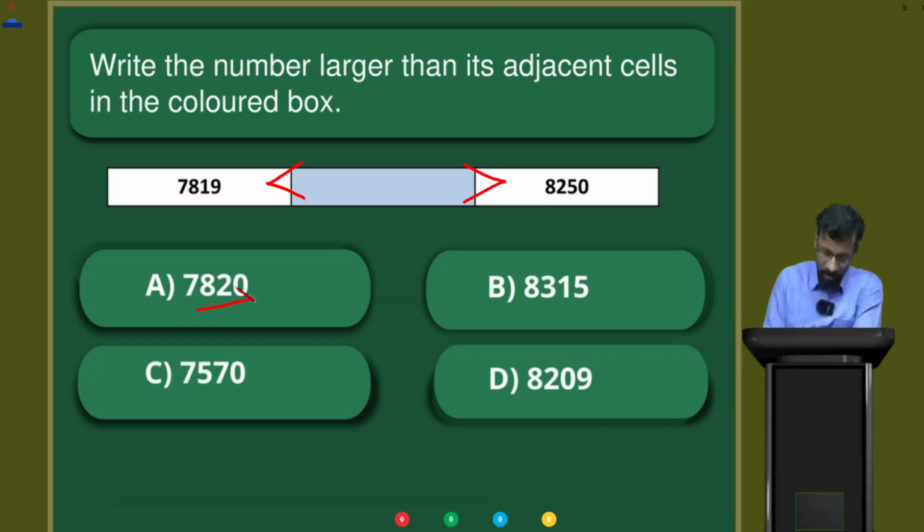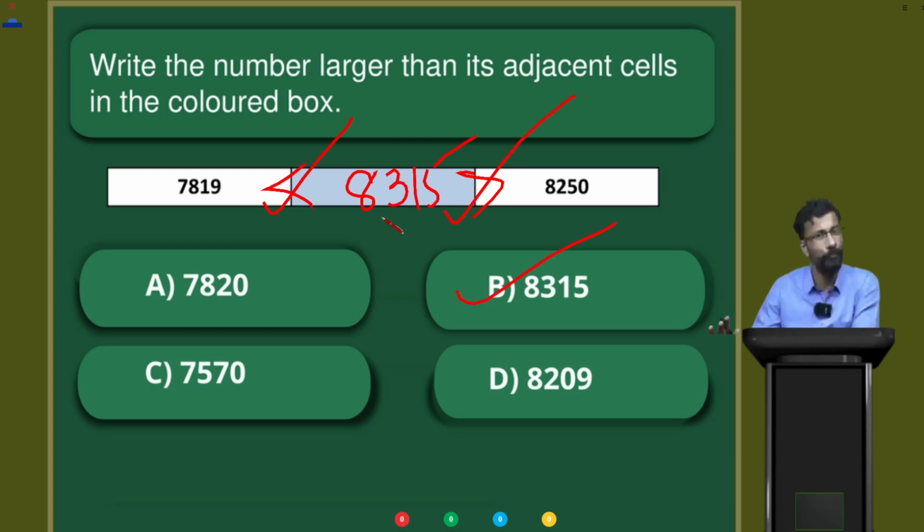That's our condition. If we put 7820, that one is correct, but the other one is incorrect, so we are not taking this one. For the second one, look, 8315. 7819, 8315, that's correct. 8250, 8315, that's also correct. So we are taking option number B.